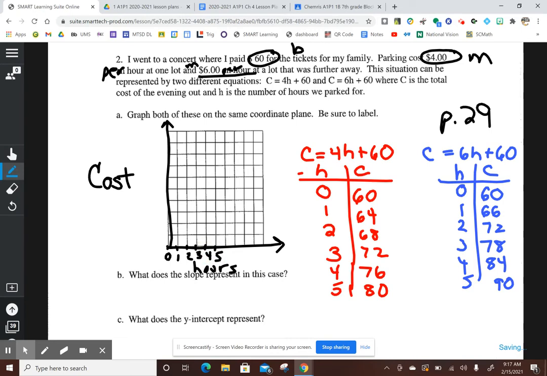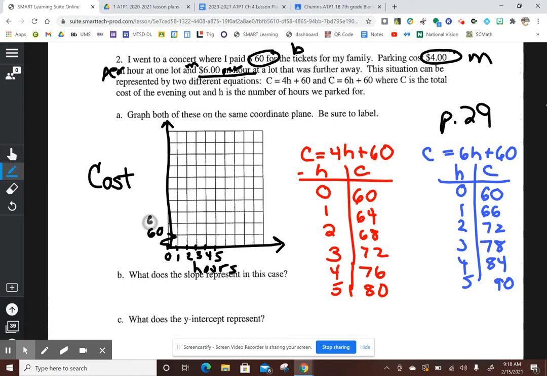Now, my increments for cost is going to be a little bit harder because one's going up by 4, one's going up by 6. But they both start at 60. So what I'm going to do is use a breakpoint and make this 60. And I'm going to actually count by 2s because that will cover both 4 and 6.